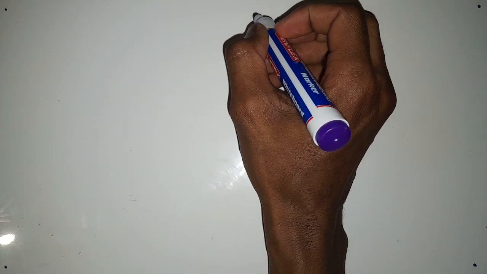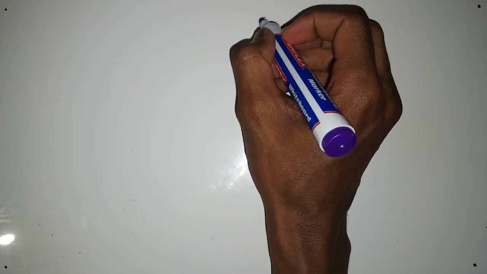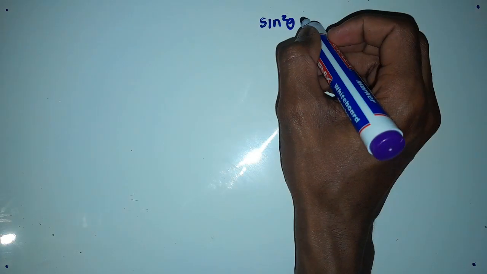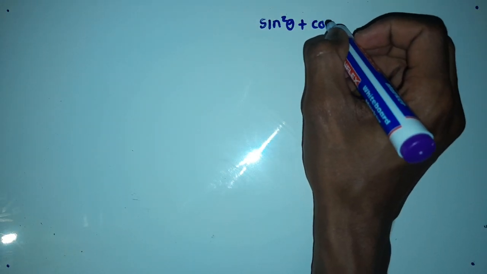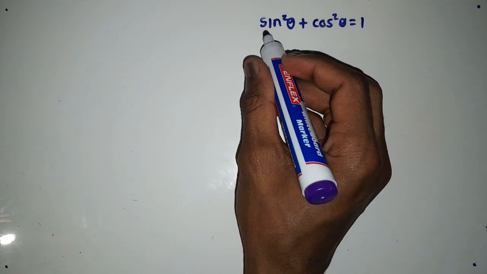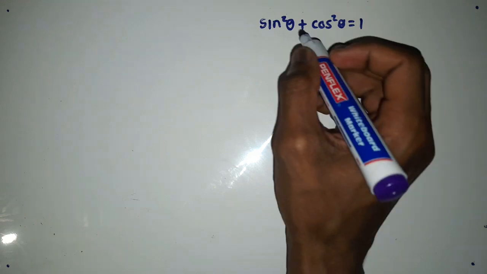Today, I'm going to do with you the application of the square identity, and also the quotient identity. We have sine squared plus cos squared equals 1.